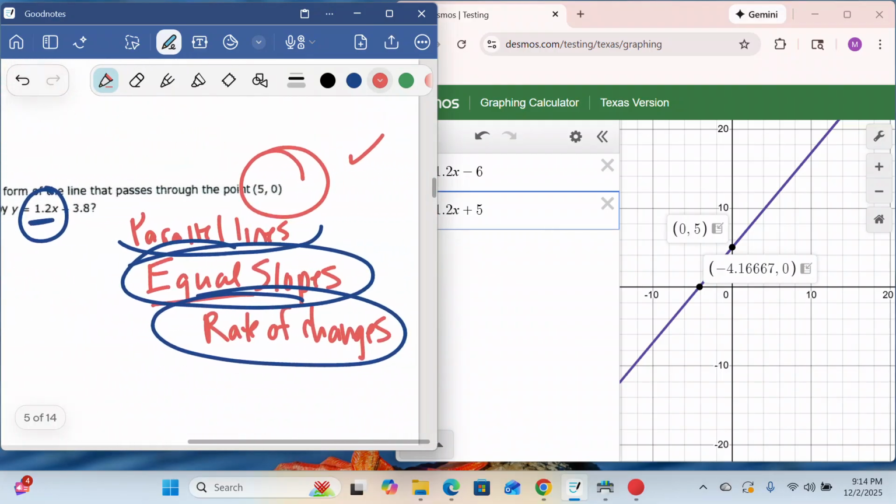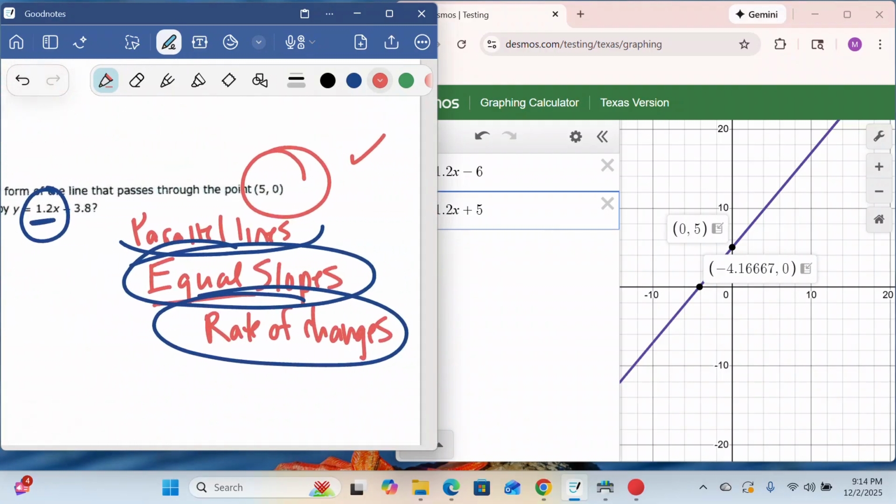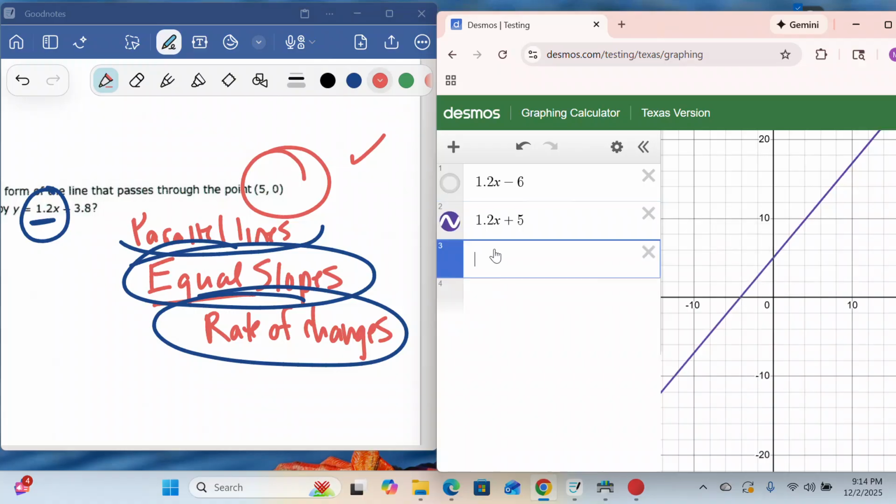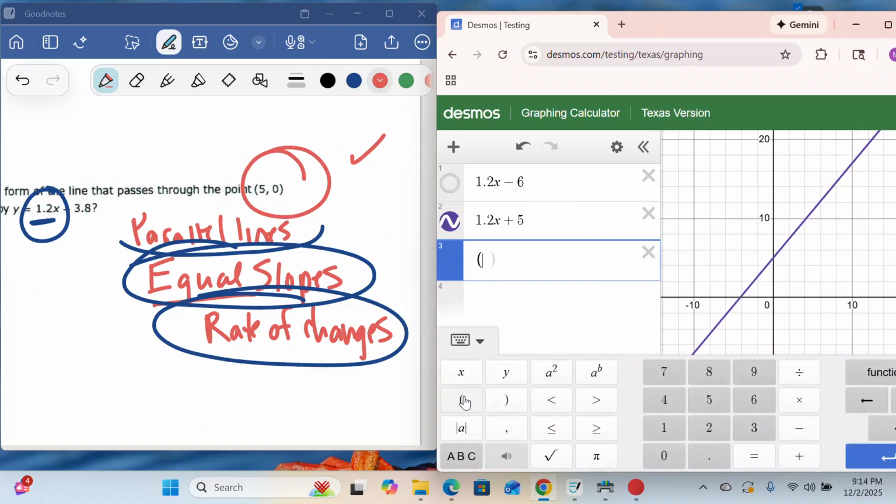And of course, even if I don't know that this is 5, 0, I can also input this into Desmos. On number 3, I can put 5, 0, close parentheses. And then it labels it for me right there. I see that it doesn't even get close.